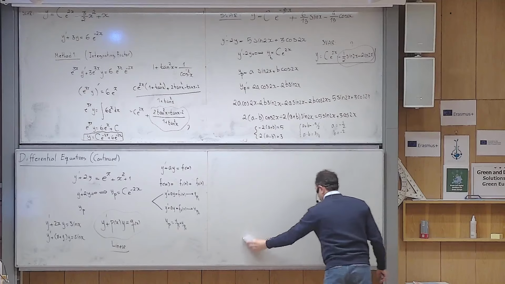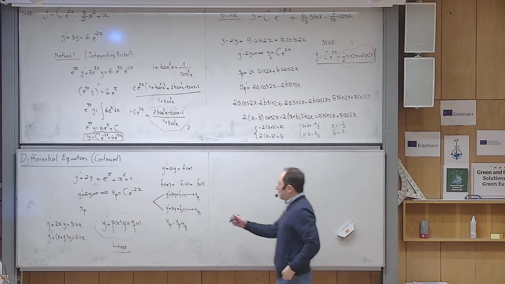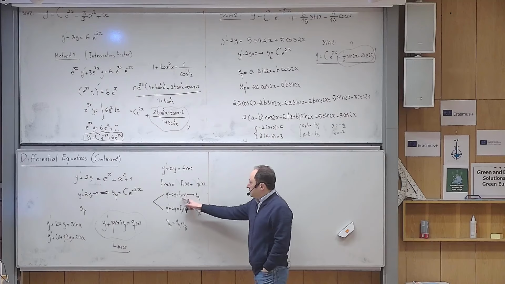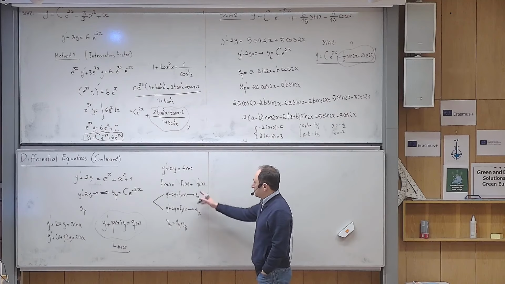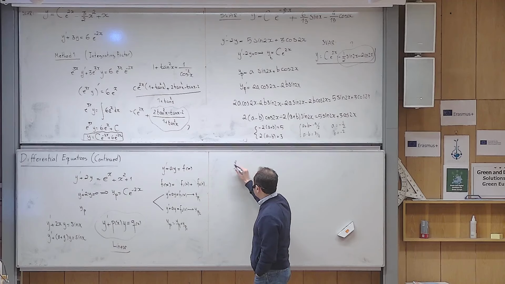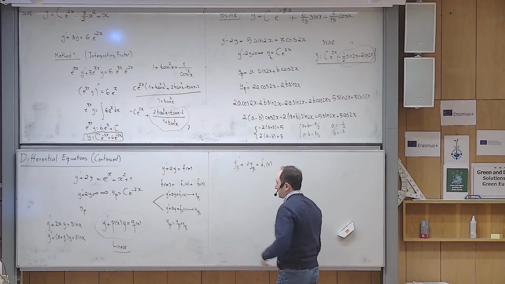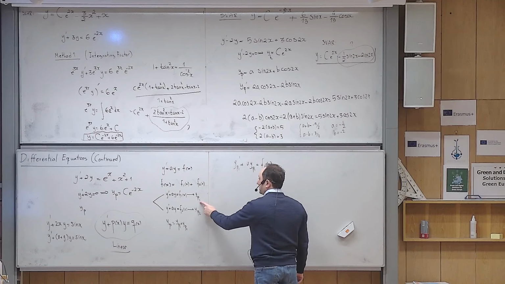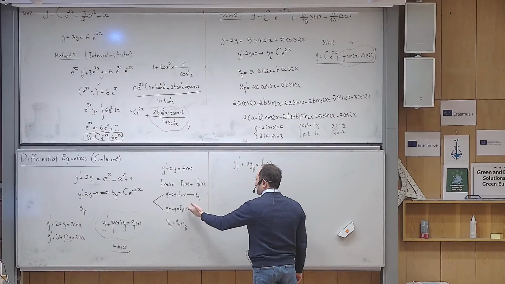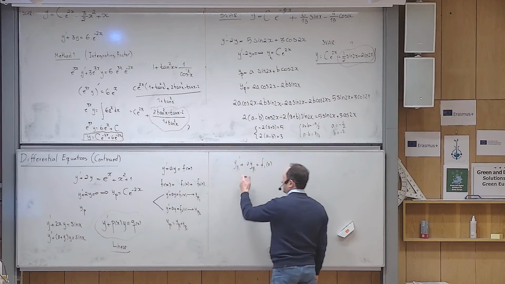Yes, so what should we do? When you say that yp1 is a solution, it means that it fits my equation. So it means that yp1 prime plus a yp1 is equal to f1 of x. When you say that yp1 is a particular solution, it means that it fulfills the equation.